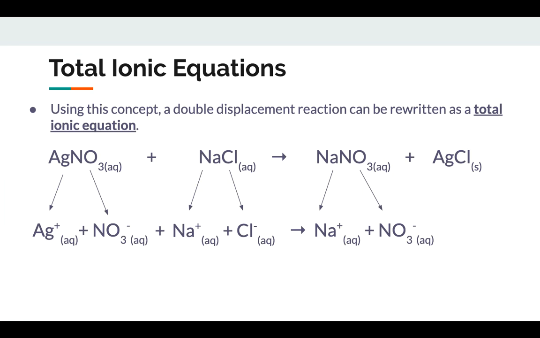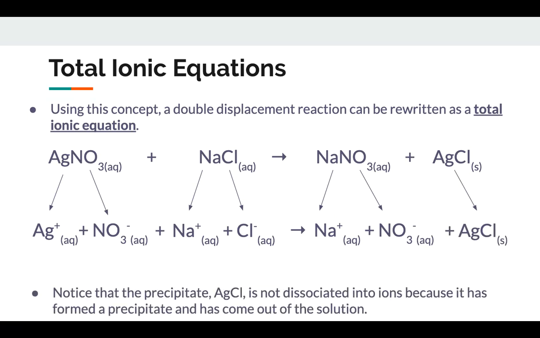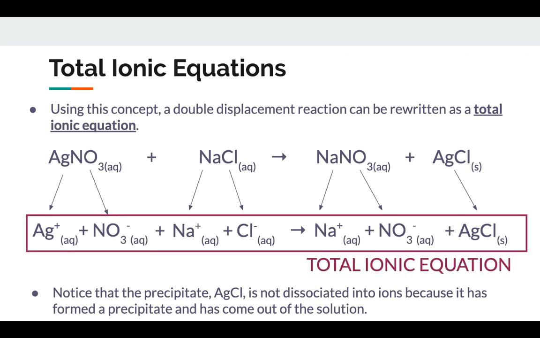And then the silver chloride isn't aqueous, it's a solid, so it just stays as silver chloride. The precipitate, AgCl, has not dissociated into ions because it's not aqueous any longer. It has formed a precipitate and has come out of solution. So this very long equation here is called the total ionic equation. And it's a better representation of what's actually happening because those ionic compounds are actually broken apart into their ions.